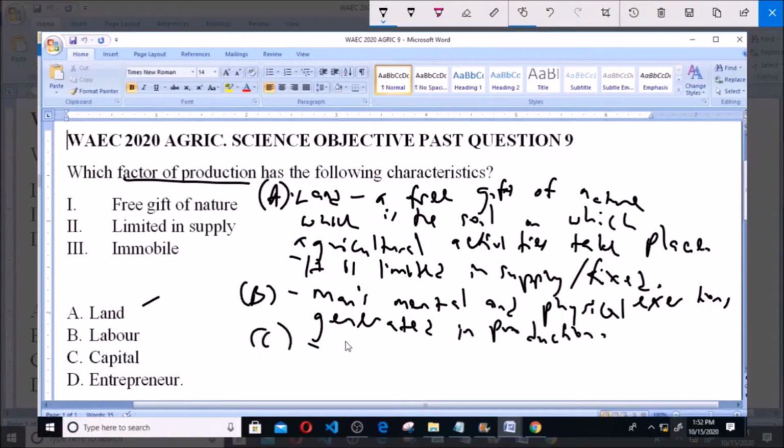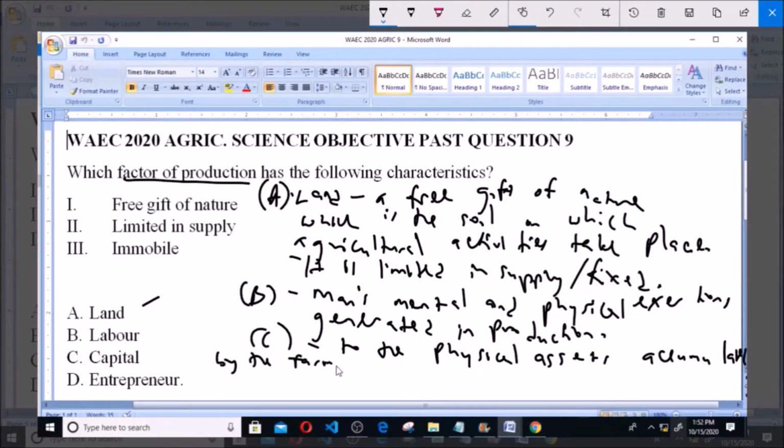Option C says capital, and capital refers to the physical assets accumulated by the farmer to facilitate production.